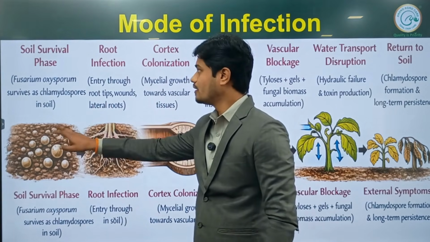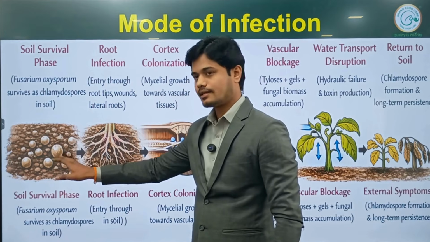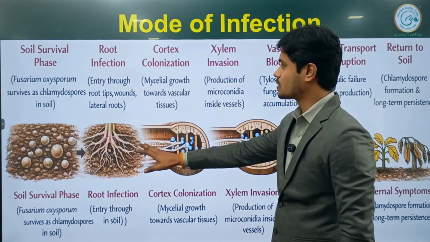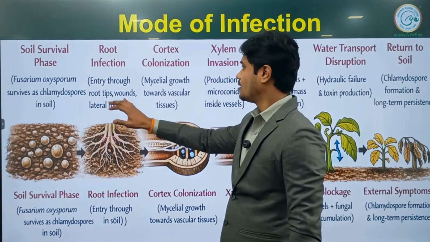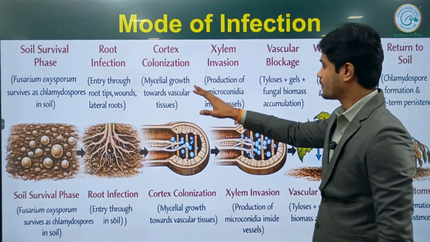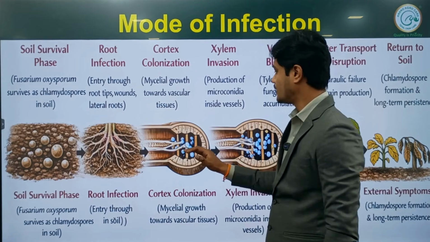You can see here Fusarium oxysporum lives in the soil as a resting spore. This spore may come in contact with roots. They germinate here, means they enter the plants through root tips. Then they spread inside the xylem vessel.